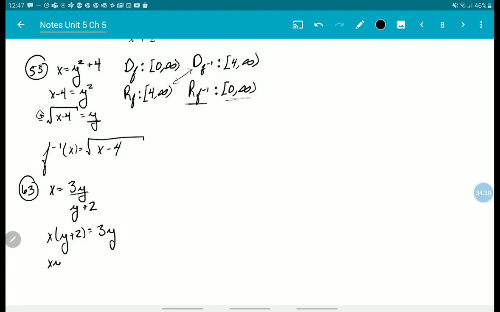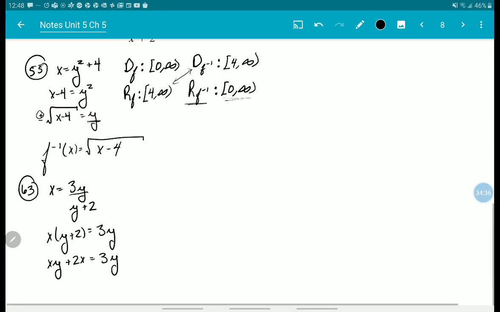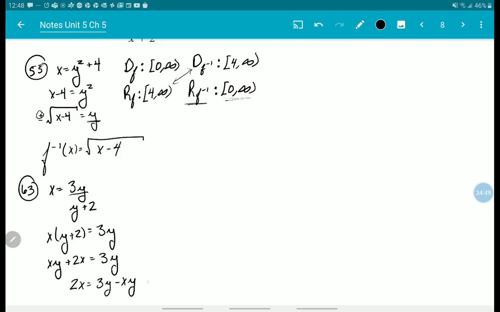I'm going to distribute. So to solve this for y, we need the y terms on the same side. Let's move this guy to the right by subtracting. So now we have that.